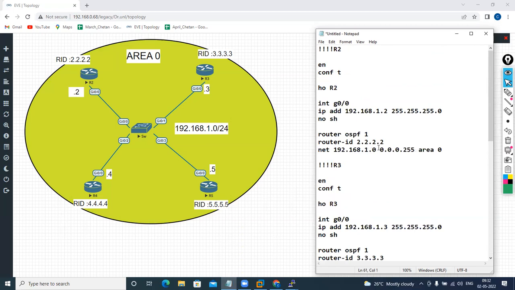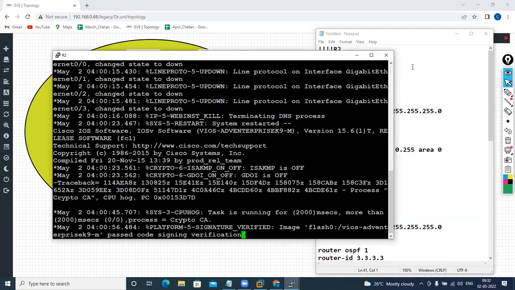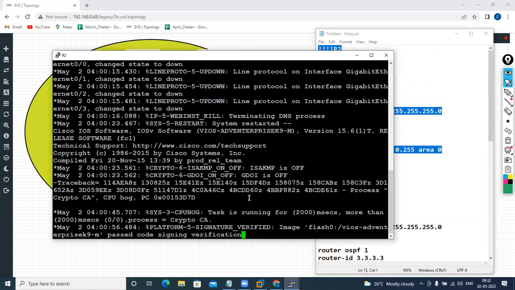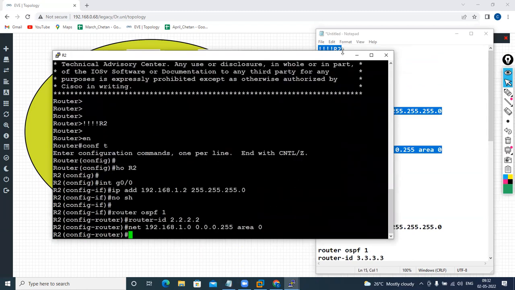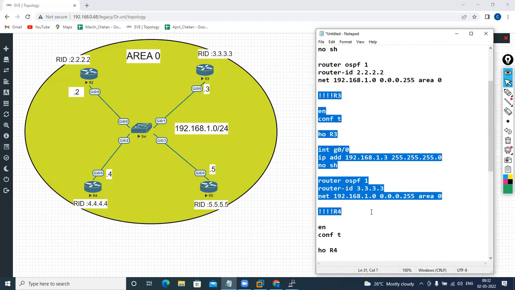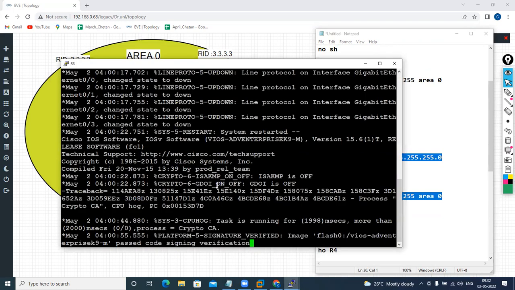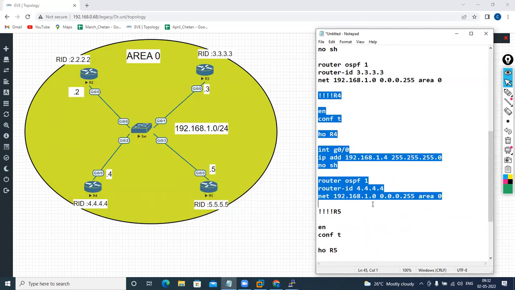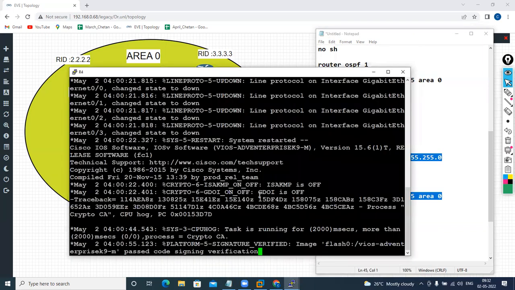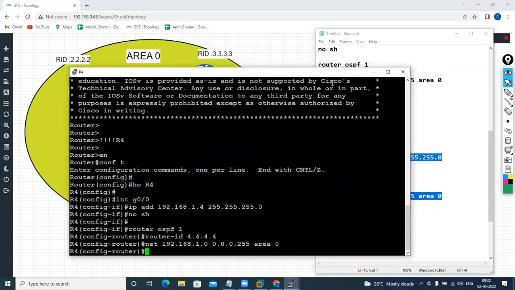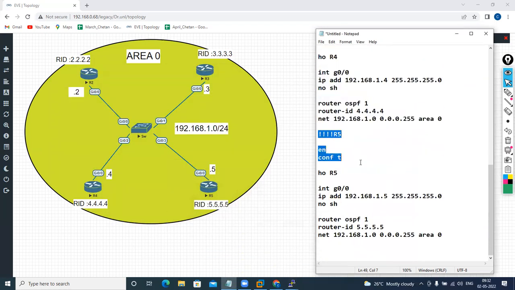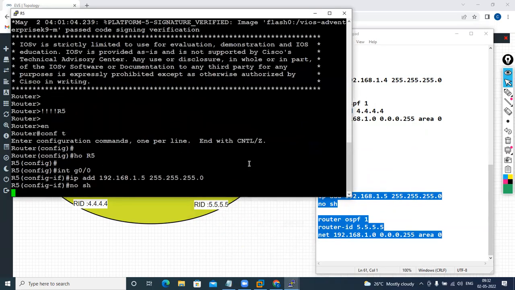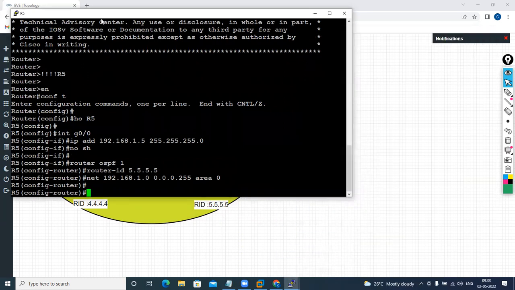Now we copy and paste onto R2, R3, R4, and R5. Now wait for the adjacency.